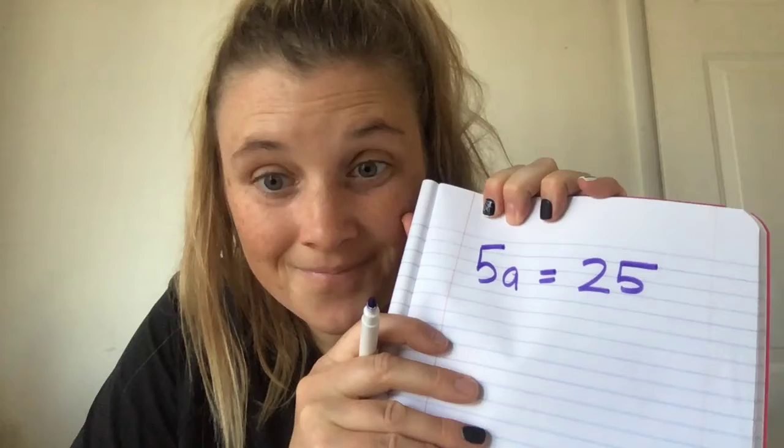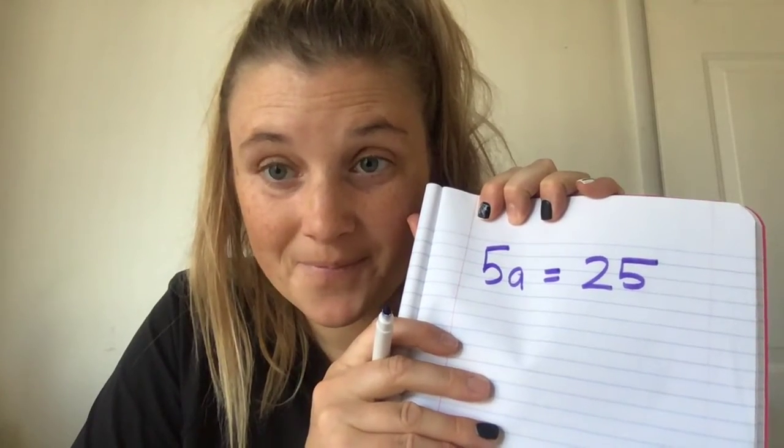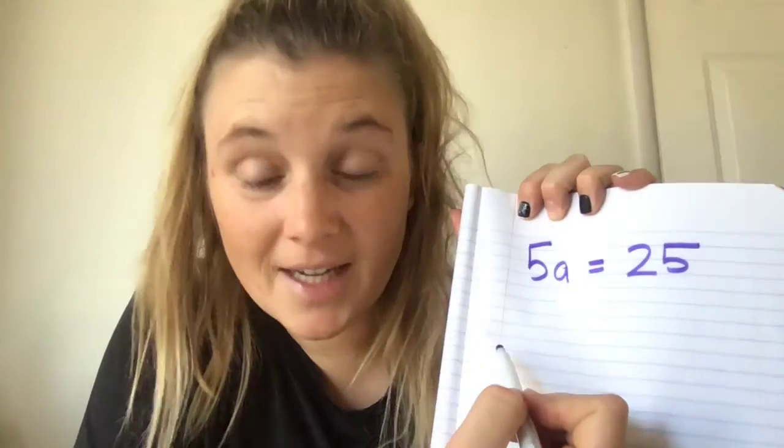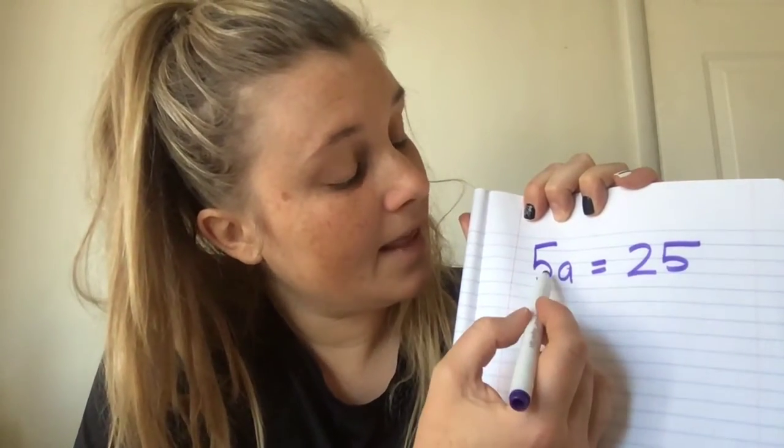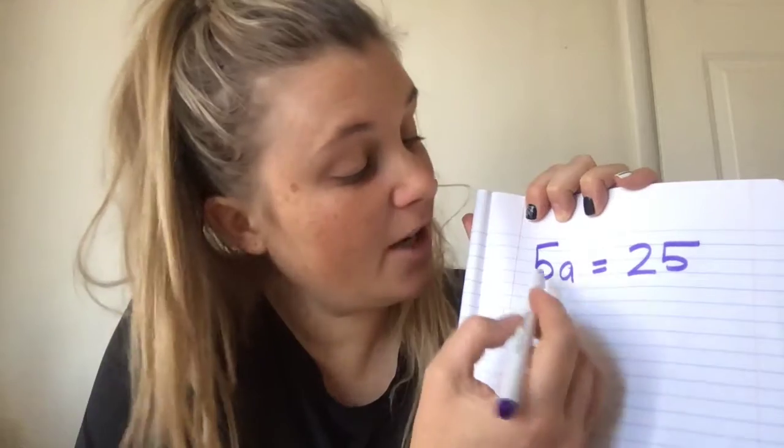Okay, try this one on your boogie board. Ready? 5a equals 25. Okay, try it by yourself. Pause me. Did you get an answer? Okay, so we want this side to equal this side. This is multiplying. So to figure it out, let's divide.